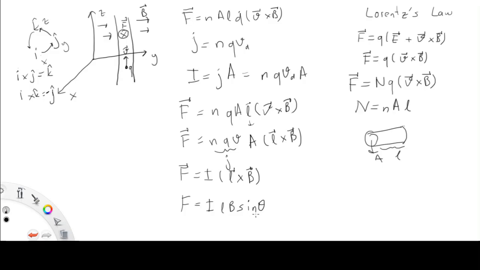In our experiments, the displacement vector of the wire and the magnetic field will be perpendicular. So sine theta will be equal to 1. So we can simplify this equation into current, length of the wire, and the magnetic field, since this would be the 1.